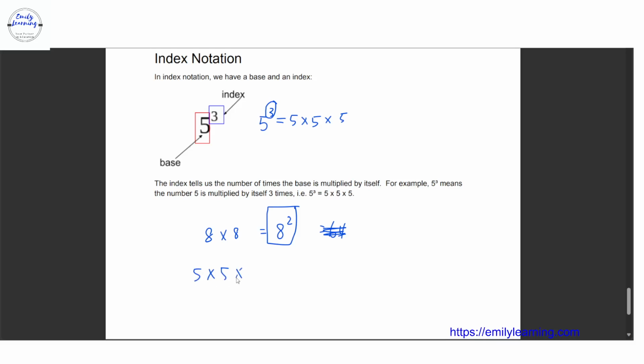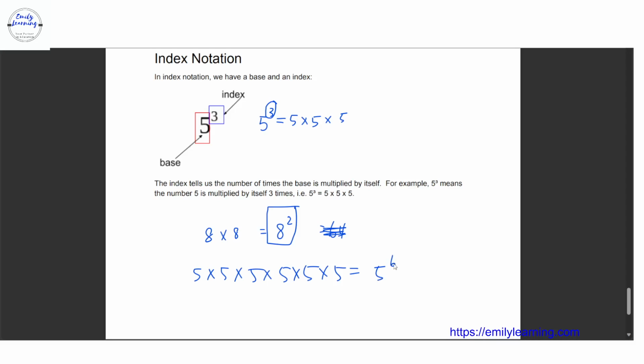Now let's try this. 5 times 5 times 5 times 5 times 5 times 5. If you look at this, it's very complicated, right? It's very hard to see how many times 5 is multiplied by itself. So when you write it in index notation, it becomes easier to see. There's 1, 2, 3, 4, 5, 6.